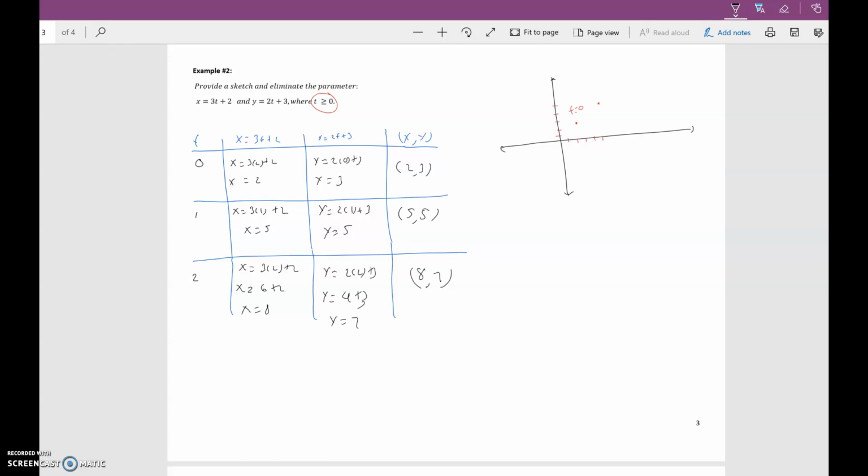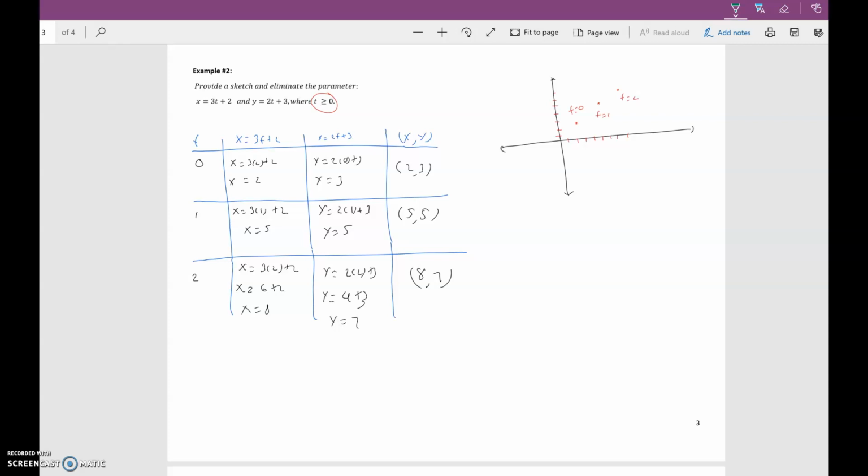So 8, 7. Let me double check. This is supposed to be a t. So that would be 8, 7. So we're looking at 1, 2, 3, 4, 5, 6, 7, 8, and 5, 6, 7. That's going to be about here. This is t equal to 1 and t equal to 2.